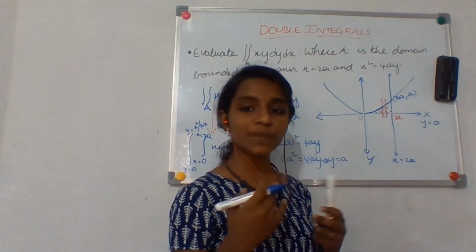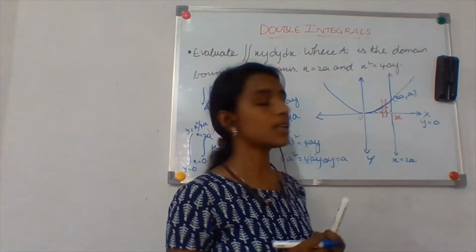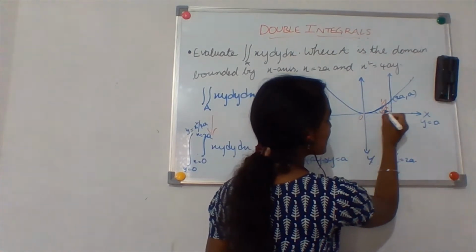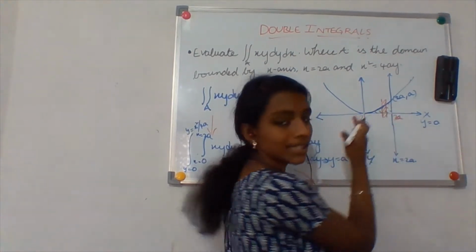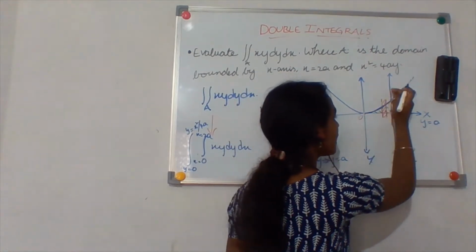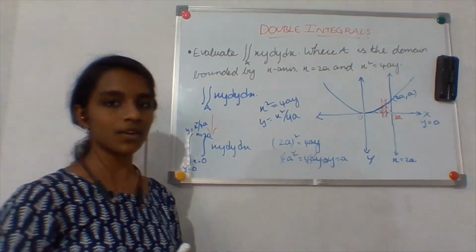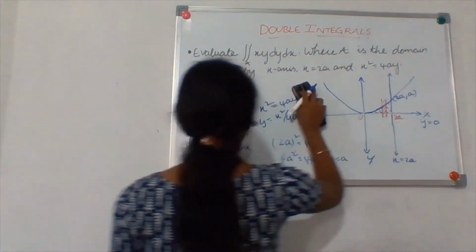When I check it with respect to x, I'll get the x limits, and when I check it with respect to y, I'll get the y limits. So if this strip is moving with respect to the x-axis, it's moving from 0 to 2a, and with respect to the y-axis, it is moving on the curve. So y is equal to x square by 4a, and those are the limits. After that you can easily solve the sum.